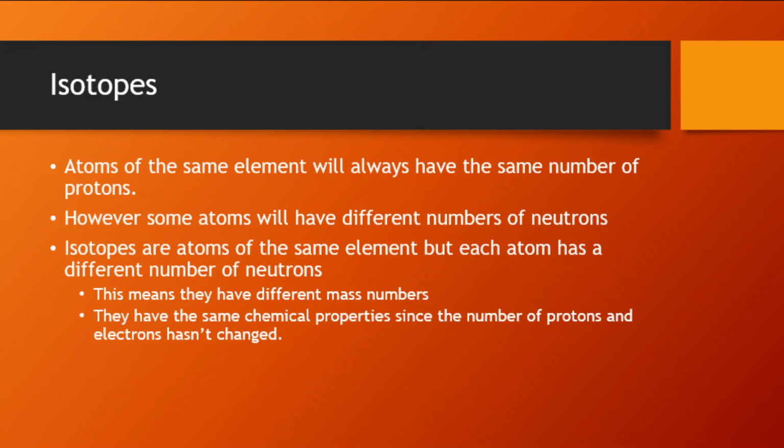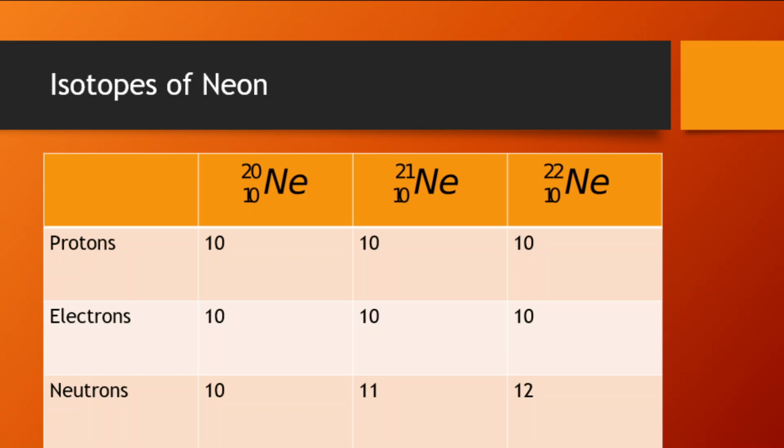And if you think back to the chemical properties that we learned about in the previous unit, electrons are really what determine the chemical properties of an atom. And so since those haven't changed, then the atom itself is still chemically the same, even though the number of neutrons has changed. So let's take a look at, here are some isotopes of the element neon.